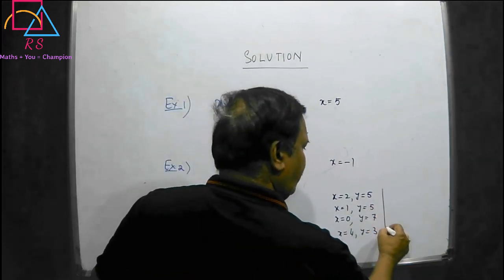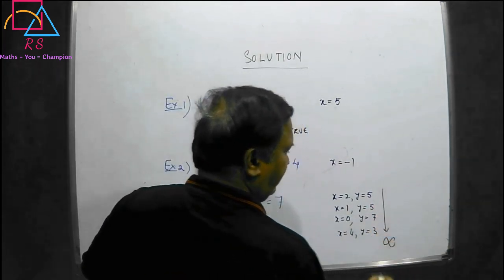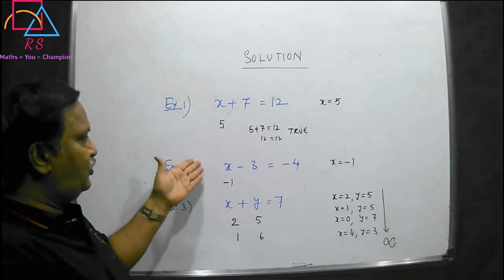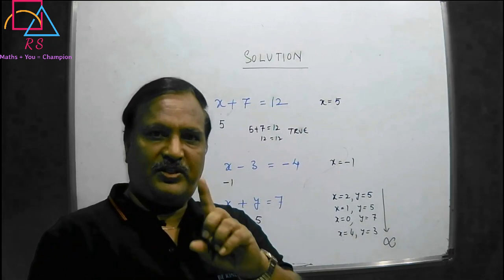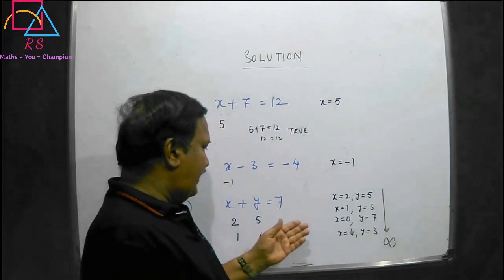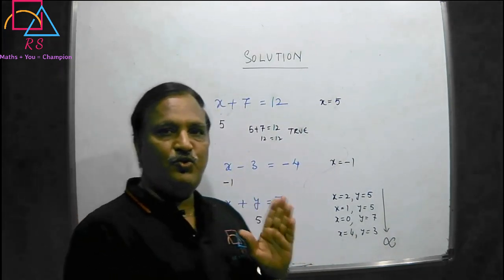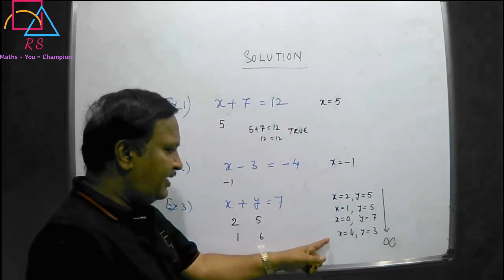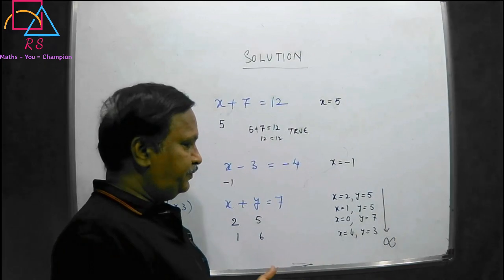Like this you will be getting an infinite number of solutions, whereas the earlier equations have only a unique solution, that means only one solution, whereas a linear equation in two variables has many solutions, infinitely many solutions.